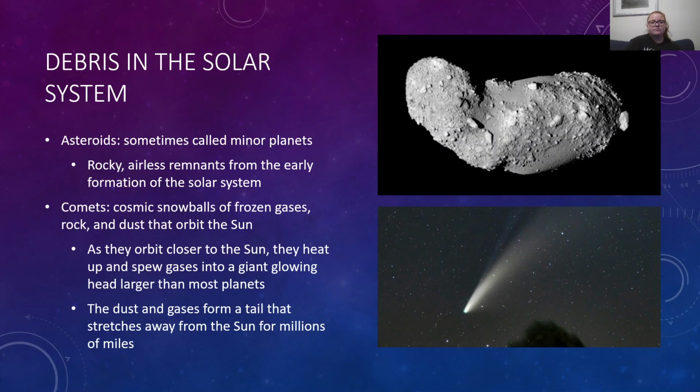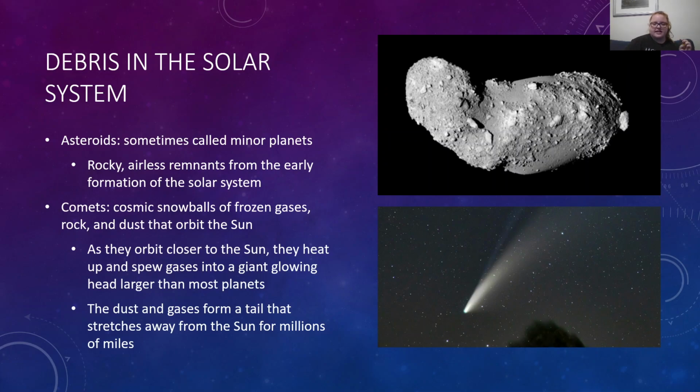When they get closer to the sun, they heat up and spew gases, just like you see here, into some sort of giant glowing head, larger than most planets, and a dust trail behind it.